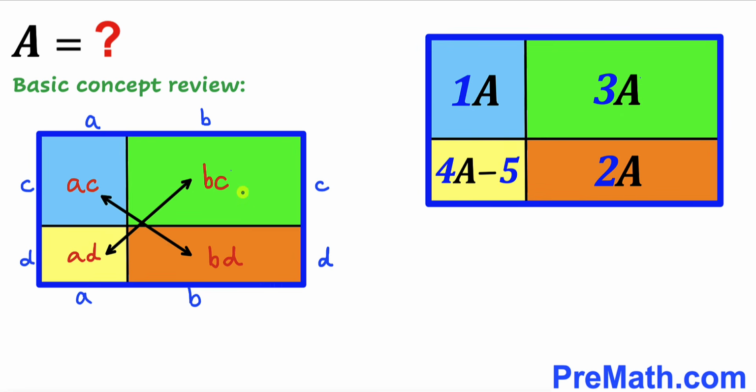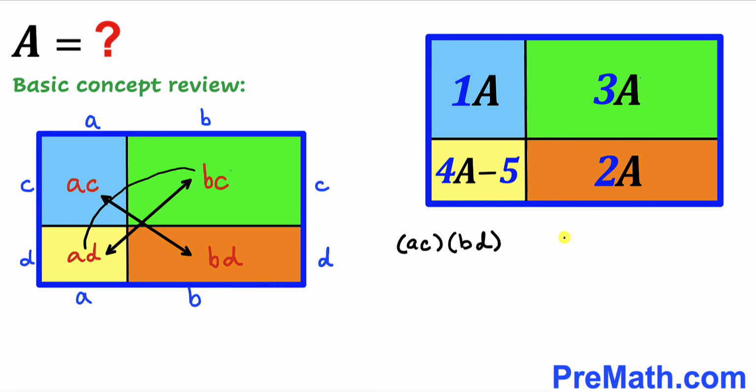Now we are going to apply the crisscross method. In other words, the product of the areas of these diagonal rectangles, and likewise, we are going to multiply these areas as well. So we are going to multiply these areas first. I'm going to write down a times c and then times b times d. Likewise, I'm going to multiply these areas across as well.